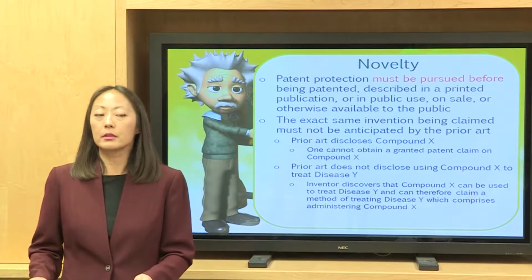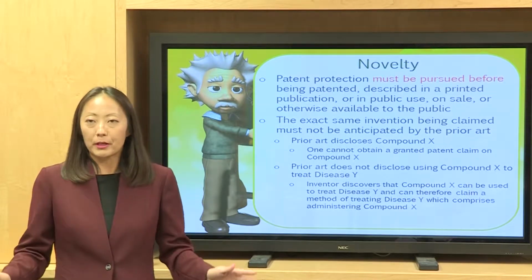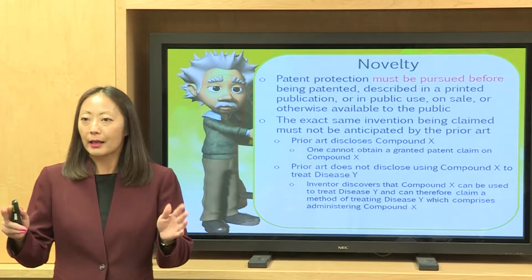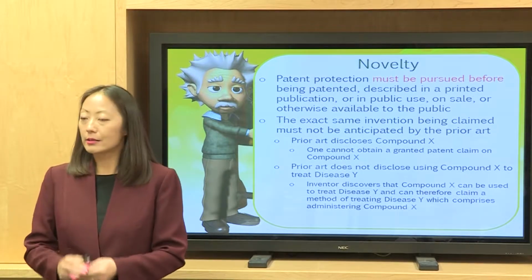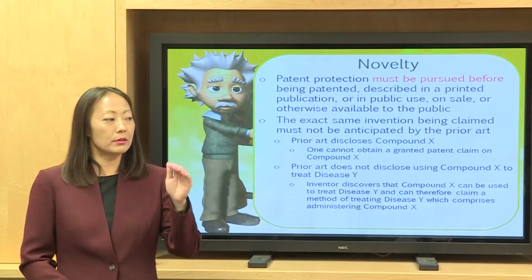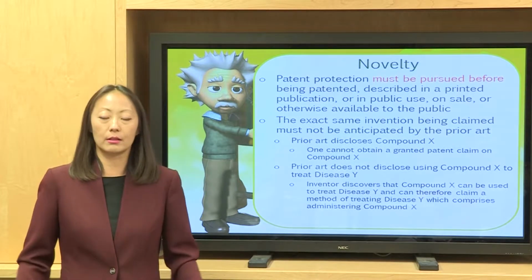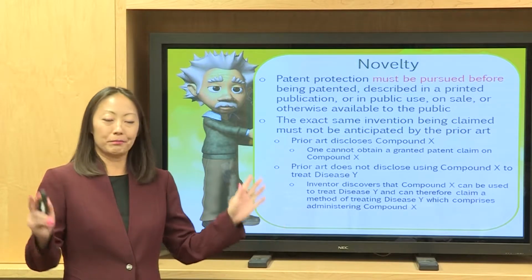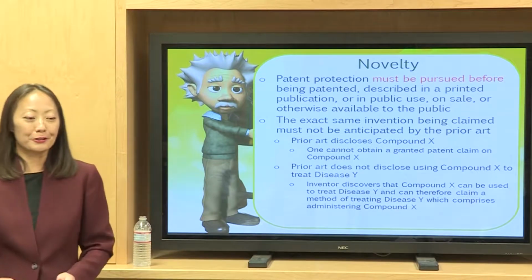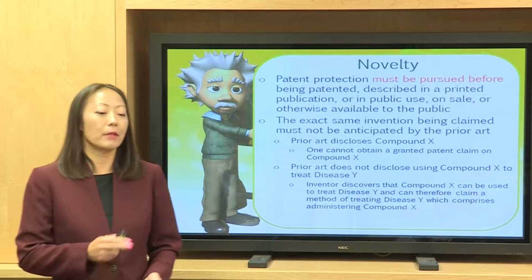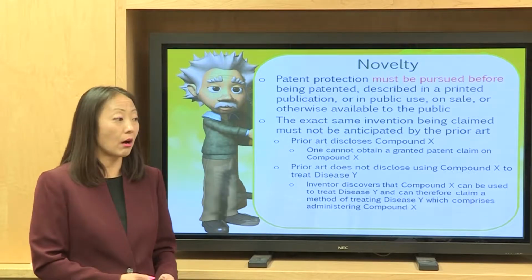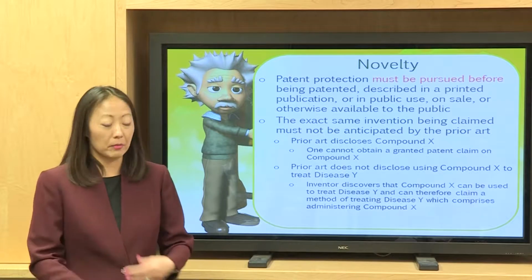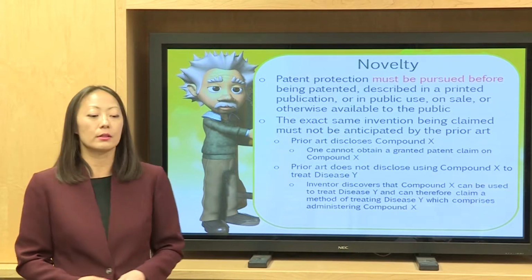There are exceptions, but for everybody, I just want them to think and act like you have to have absolute novelty like the rest of the world. And so that means pursue patent protection before disclosing, before submitting your journal article, all of that. Just make sure that you pursue it before, and that means talking to your tech transfer office and letting them know when you're planning on doing certain things.